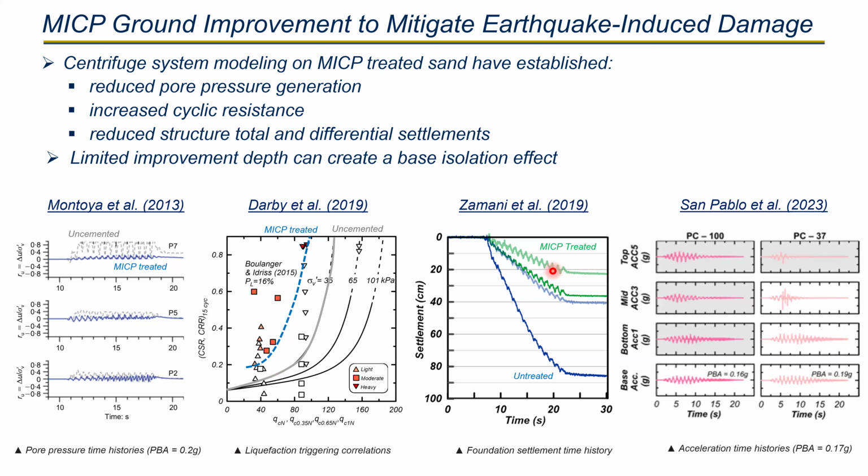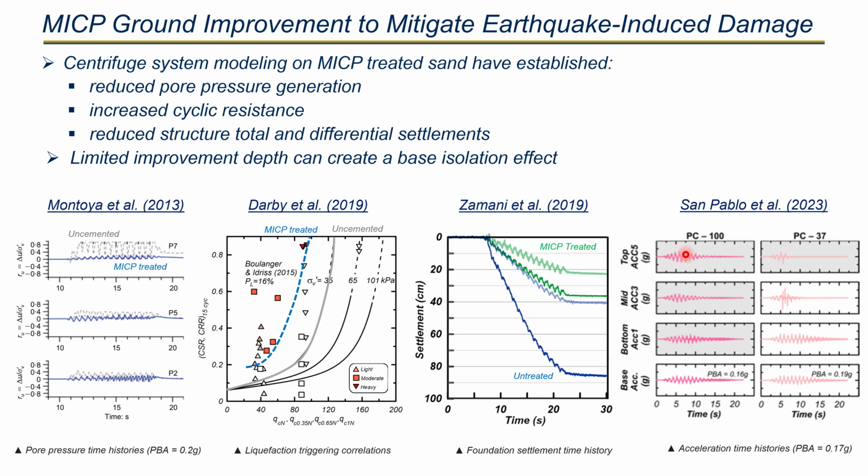But the previous 1-meter test was conducted with a sample where the entire container was treated with MICP, which is not realistic. So Alex Sampablo came back to the 1-meter centrifuge test to investigate the effect of limited improvement. She placed discrete MICP blocks having different treatment depths.